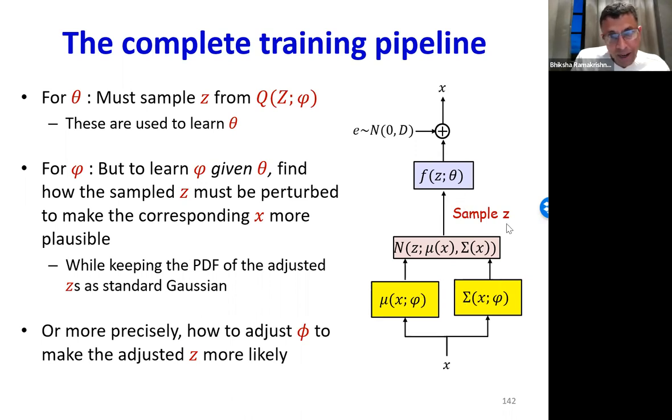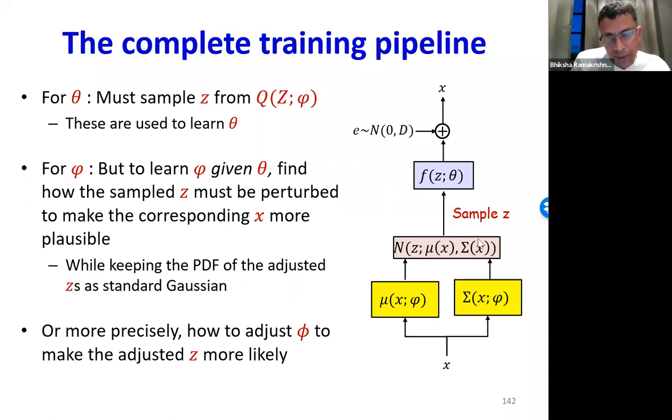To estimate phi, now for each of those Z's, you have to find out how much perturbing those Z's will make X more plausible, right? Because it's a maximum likelihood estimator and you want to make X more plausible. But then the perturbation of the Z depends on the perturbation of phi, right? And so you want to find out how much perturbing the Z will make X more plausible, while simultaneously also making Z more Gaussian.